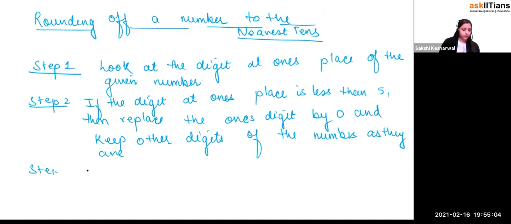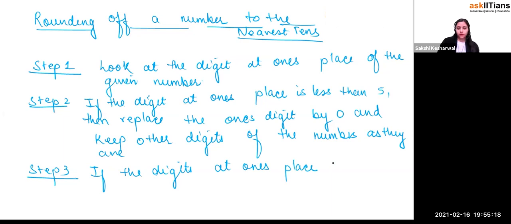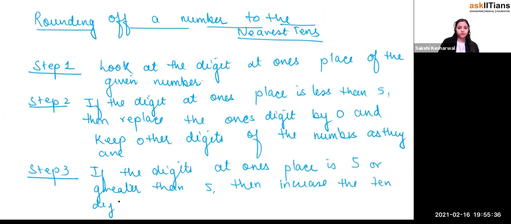What is step 3? It says that if the digit at ones place is 5 or greater than 5, then increase the tens digit by 1, and replace the ones digit by 0, keeping other digits of the number as they are.